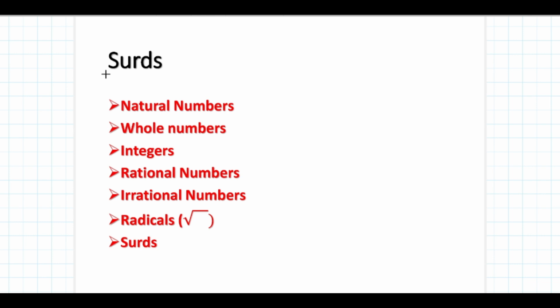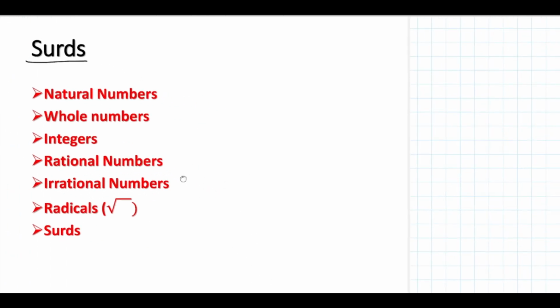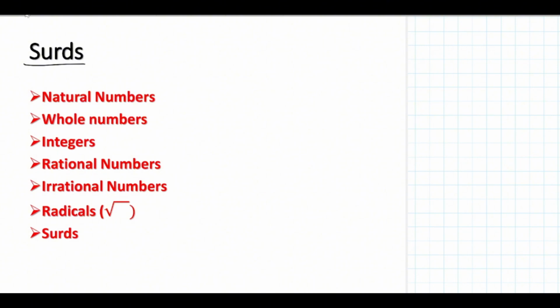So in defining surds, there are other things that we need to know. We need to know all of these parameters that we listed here. Let's take them one after the other. Natural numbers are counting numbers.